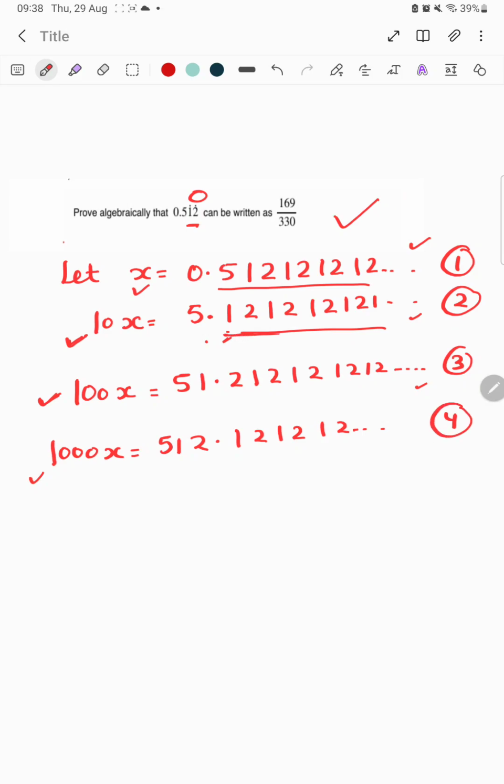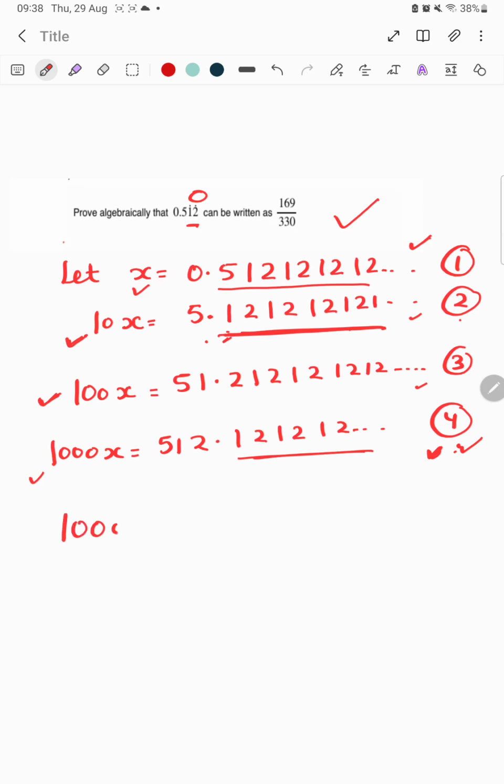Now I have to look at each and every equation. It's not that you always have to match with the first equation; you should match all the equations, and whichever have the same decimal part, you can select them. At this point I found that the second equation and the fourth equation have the same decimal part, so I will subtract these two.